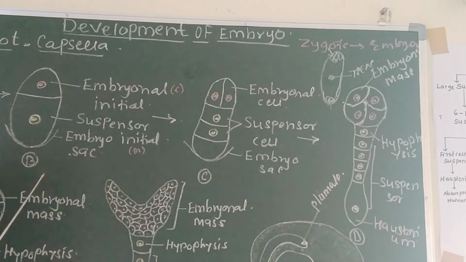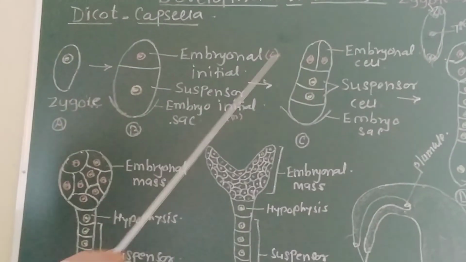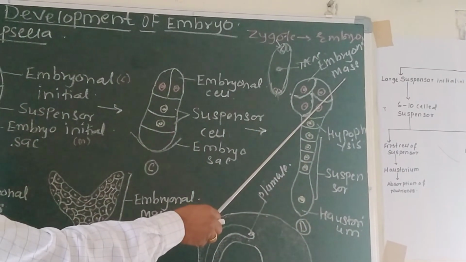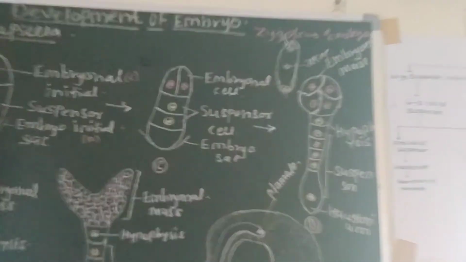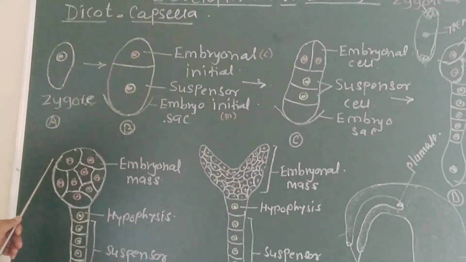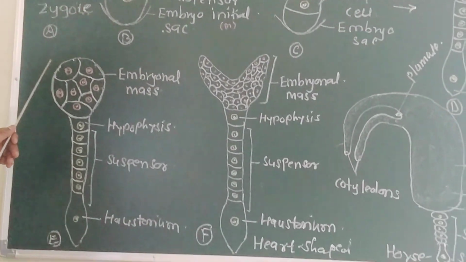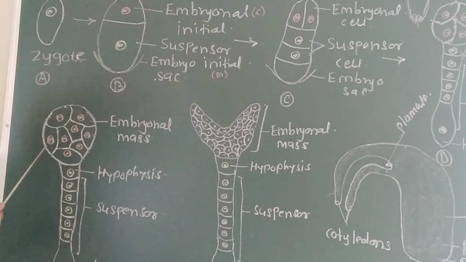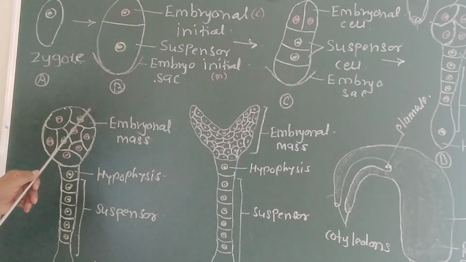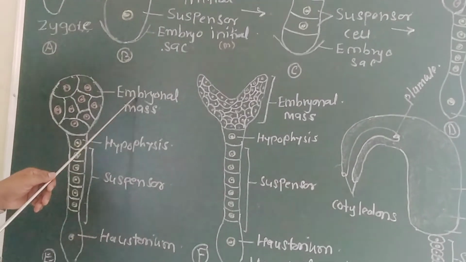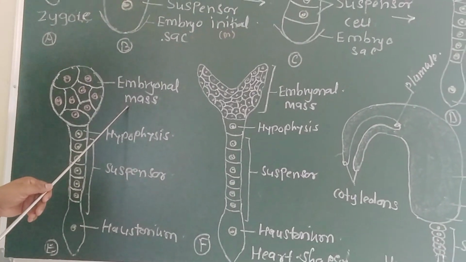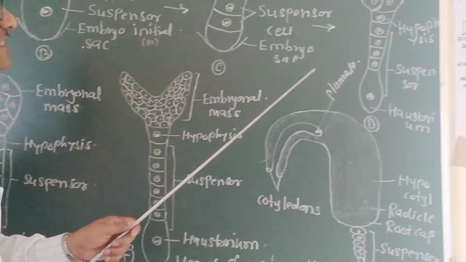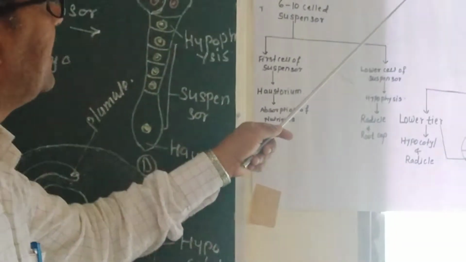Now, these are the four-celled embryo. In the third mitotic division, from the four cells, 8 cells are formed. That is the 8-celled embryonal mass. Now, with the help of this chart, we will study.